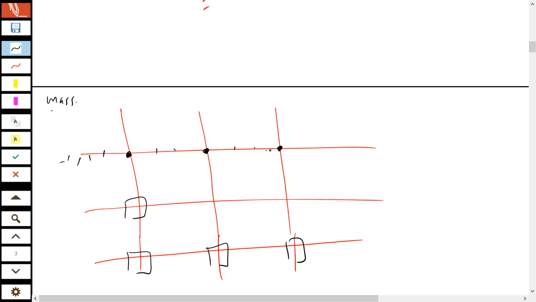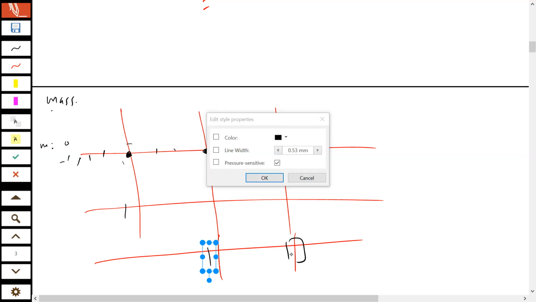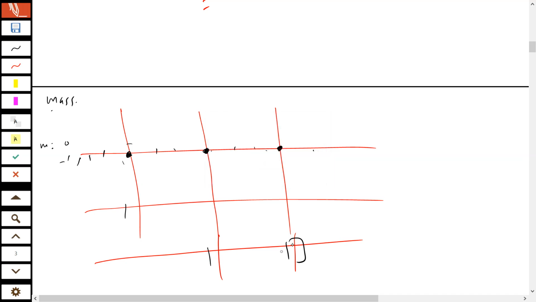Everywhere else, the mass is zero, right? But here the mass changes suddenly. So mass is non-zero only at these points. If you are looking for the mass, you have a simple picture: it is either zero or non-zero.